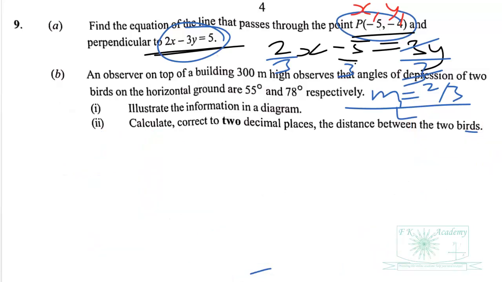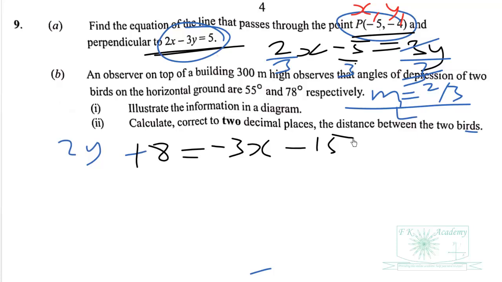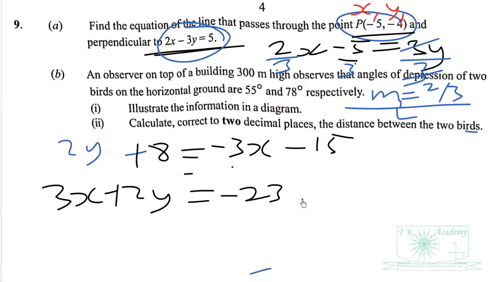So multiplying through by 2, we get 2 times y, which is 2y, plus 2 times 4, which is 8, equal to -3 times (x plus 5). When we expand, we get -3x minus 15. So when I move the 3x to this side, I get 3x plus 2y is equal to -15 minus 8, which is -23. So that is the equation of that line. The required line has the equation of that.